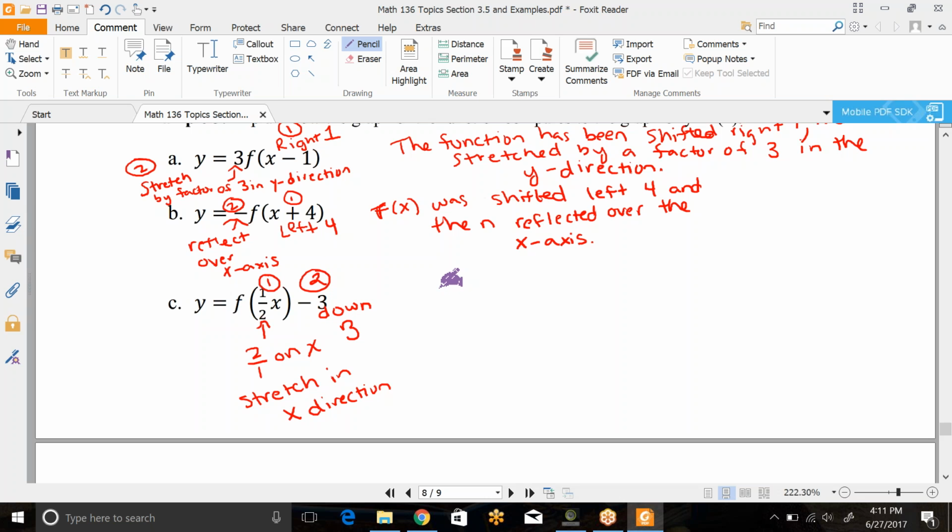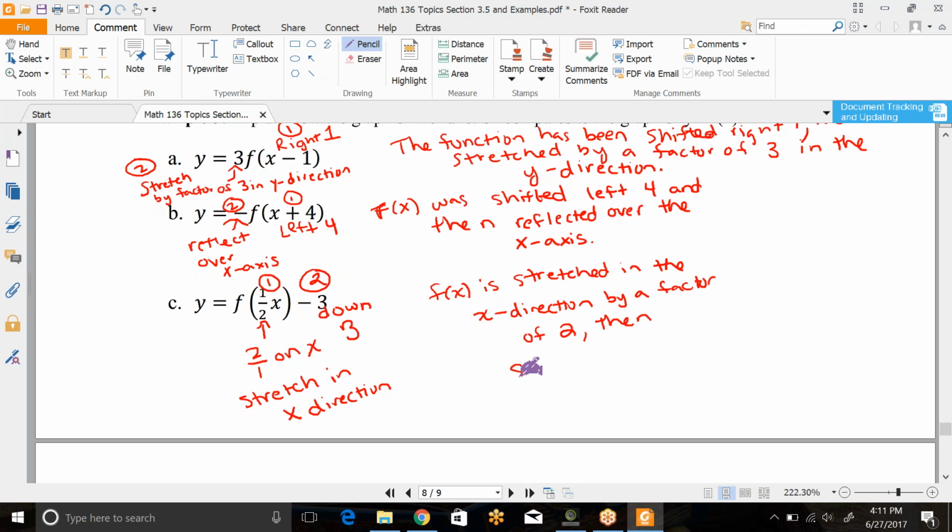So f of x is stretched in the x direction by a factor of 2, since that was the reciprocal of that, then shifted down 3.